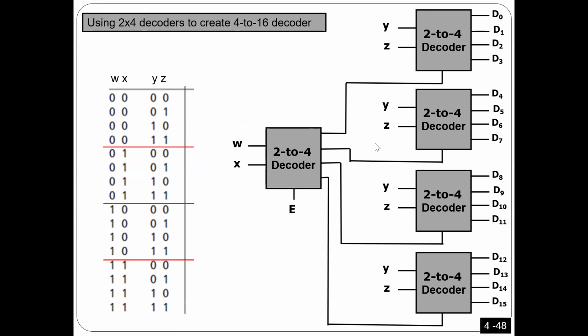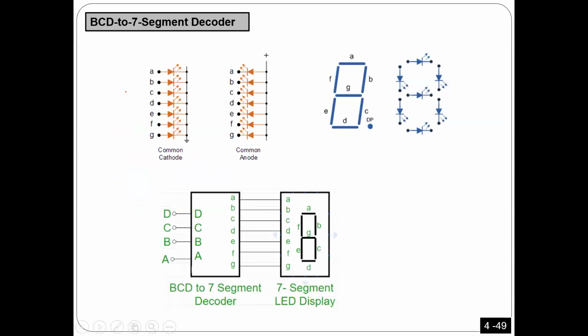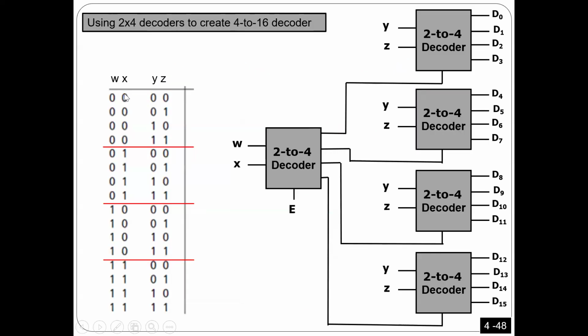You can see from the truth table here. In the first four, WX is 0, 0. In the second 4, WX is number 1. In the next 4 is number 2. In the next 4, it's number 3.